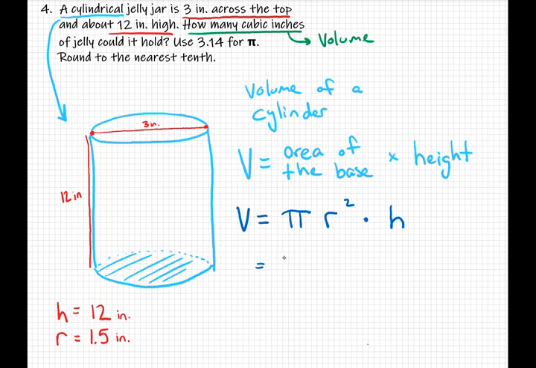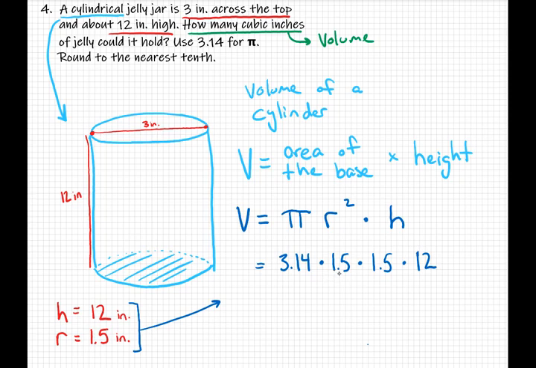Okay, so for pi, we're using 3.14. The radius, so these numbers here are going into our formula. The radius is 1.5, and it's radius squared, so pi times radius, so another 1.5, and times the height, which is given, that's 12 inches.